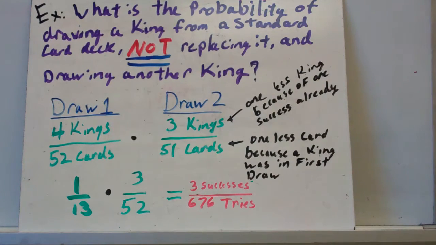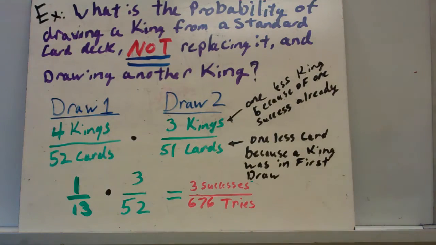Why do we only have 3 kings and 51 cards? Because we've already drawn a king. We've already had a success. The king is out of the deck. So we now have 1 less king. We also have 1 less total card. So we now have only 51 cards.